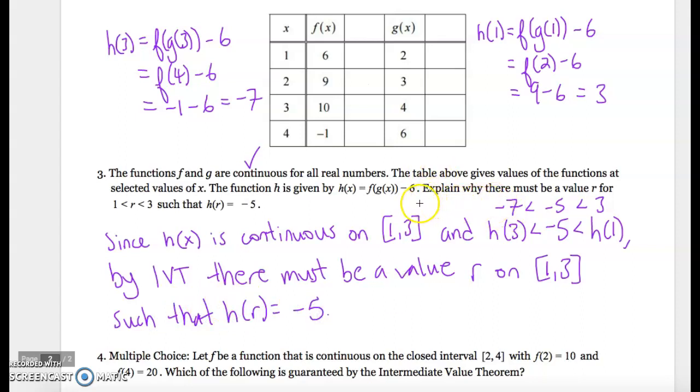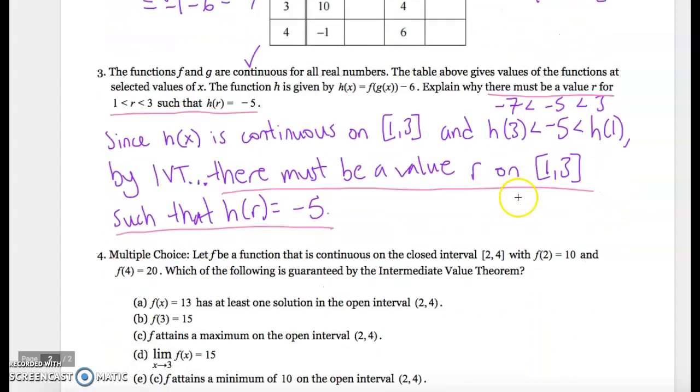Oftentimes, when you are concluding your intermediate value theorem, everything from here onwards, you can say by the IVT, basically what you're doing is you are just rewriting the conclusion they want you to come to. There must be a value r for the interval. So that's where I pulled that entire writing sample, was just from the question itself. You just had to show that you could use the intermediate value theorem, and then you can conclude what they actually want you to conclude.